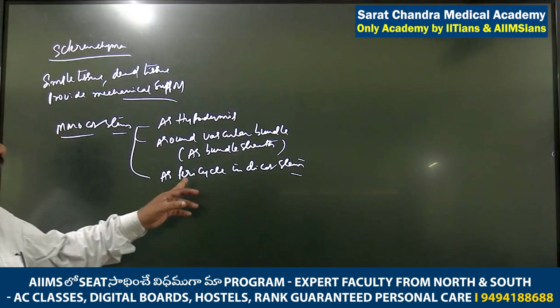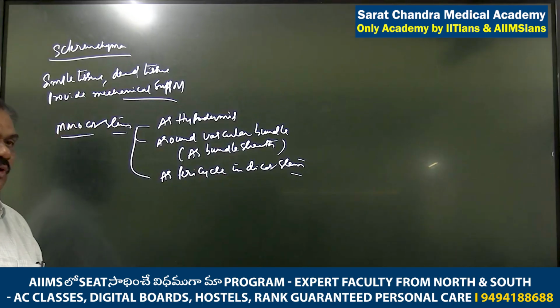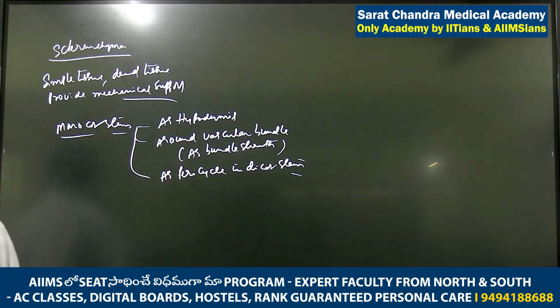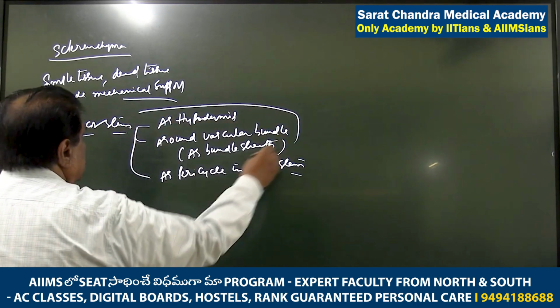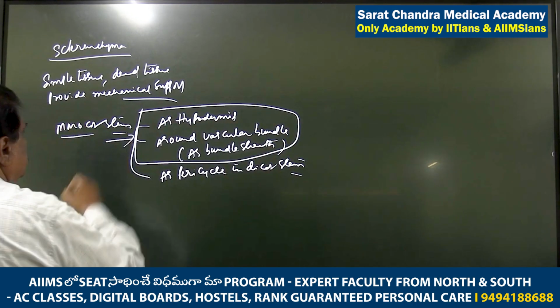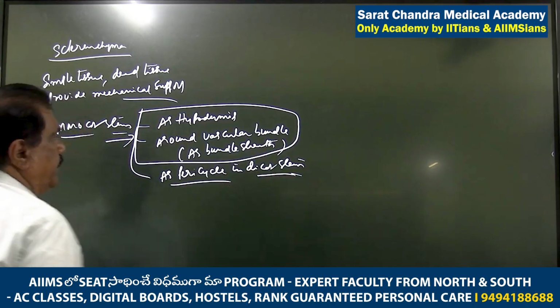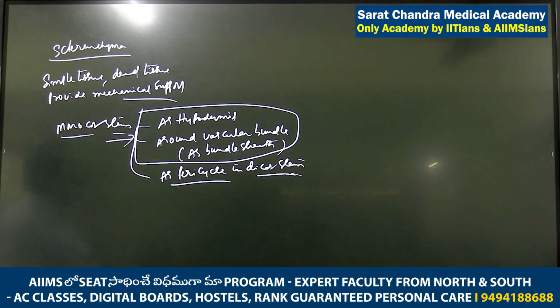So Sclerenchyma is present in the form of pericycle in the dicot stem, around the vascular bundle in the monocot stem as bundle sheath, and in the form of hypodermis in the monocot stem.